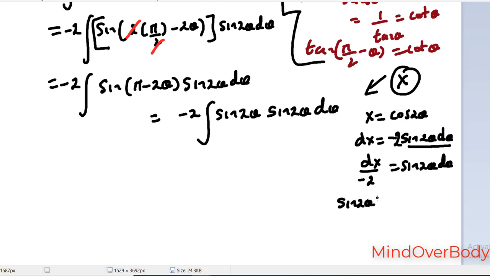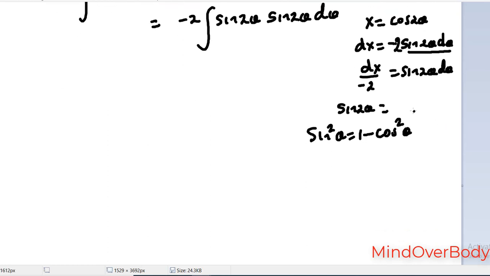Now I can have an equivalent representation for sine in terms of cos. If you remember, we know that sine squared theta is equal to 1 negative cos squared theta. If I replace theta by 2 theta, this formula will still hold good. That is, sine squared of 2 theta is equal to 1 negative cos squared of 2 theta.